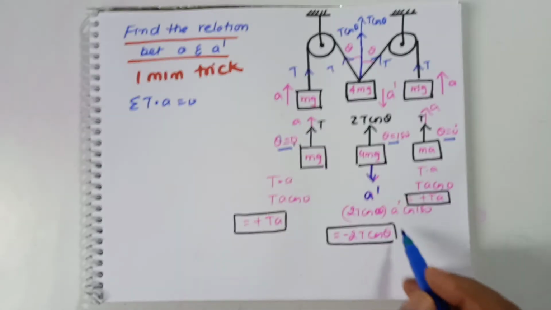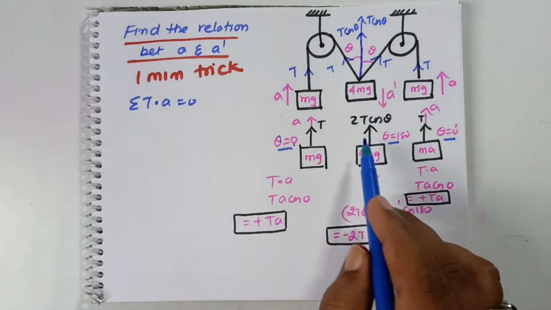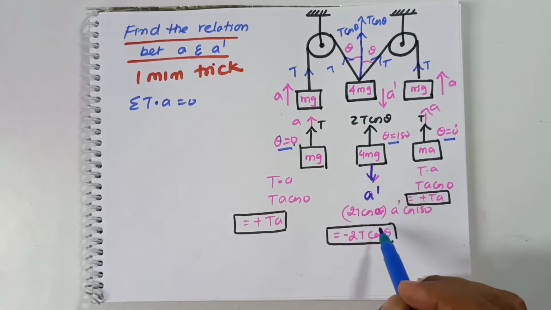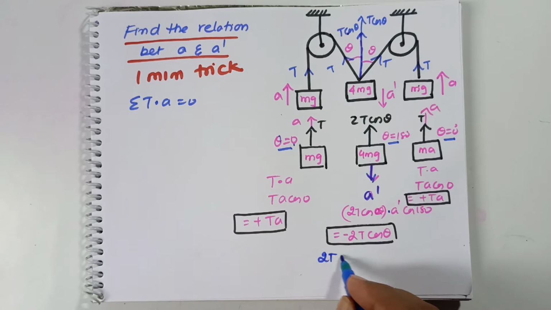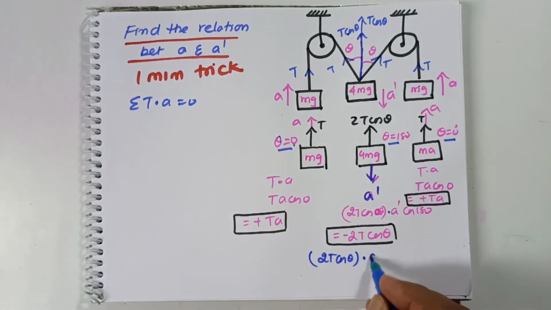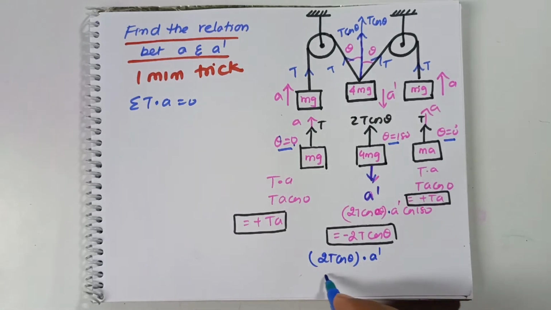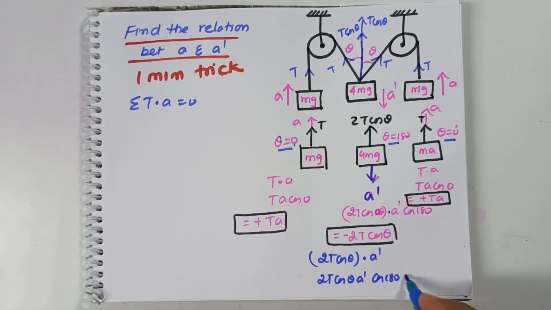So if this is the condition, what are you going to do now? So 2T cos theta dot A dash. How much will it become? 2T cos theta is upwards and A dash is downwards, which will become 2T cos theta into A dash cos 180. So the answer will become minus 2T cos theta into A dash.